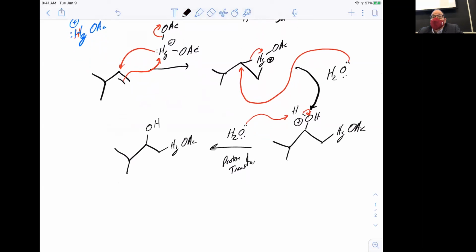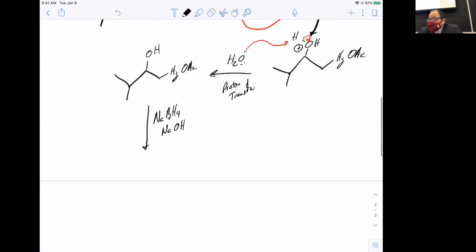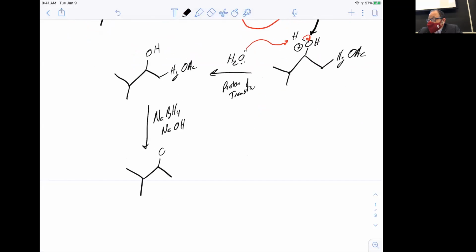But now I have my OH in the Markovnikov position. Then the last step, we're not going to show the mechanism. The mechanism is still somewhat disputed. So we put sodium borohydride in base. That sodium borohydride replaces the mercury. So that's the demercuration process.